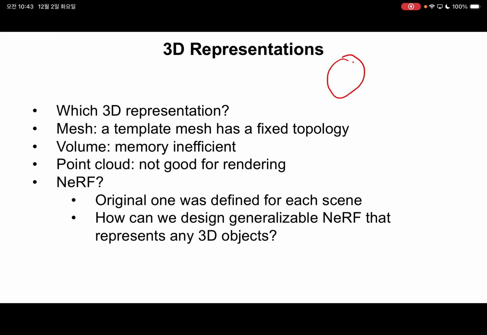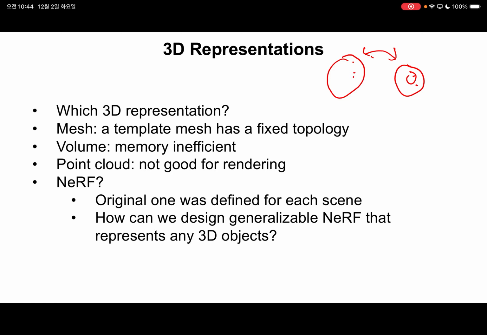A sphere mesh topology cannot represent a donut, because they belong to different topologies. We cannot make a donut out of a sphere, so once we define some topology of a template mesh, then the expressiveness of the model is limited by the topology of the template mesh, so mesh might not be a very good option for this case.